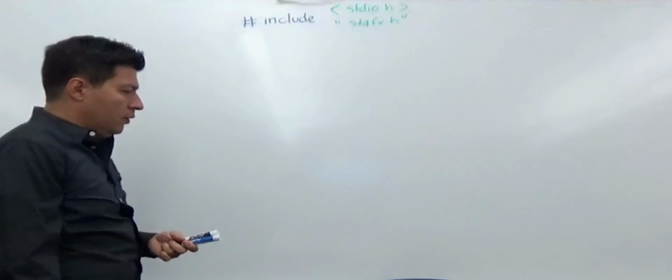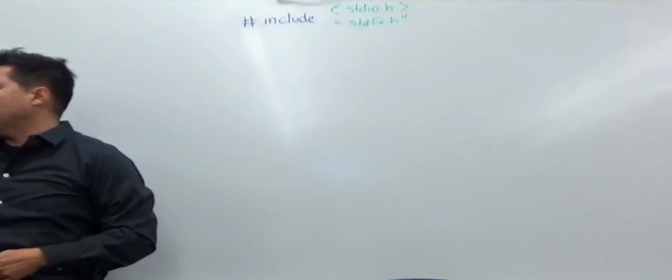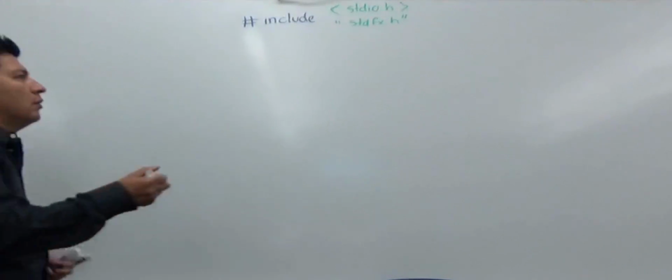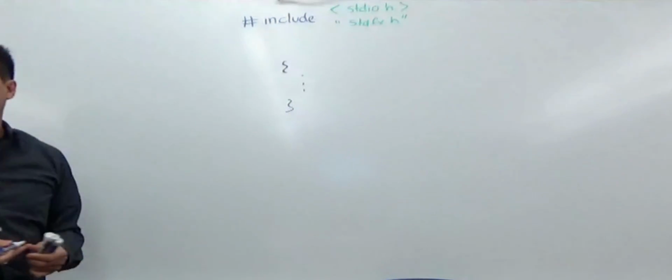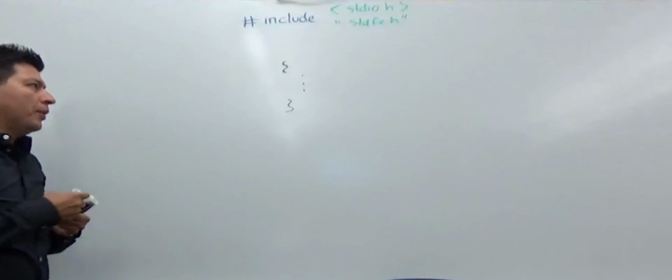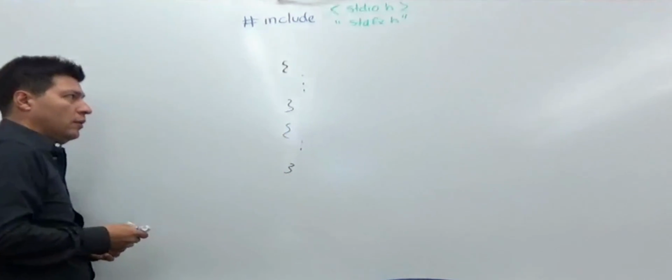Then Java and C and C++ use delimiters to indicate where a block begins and where it ends. And the delimiters are just curly brackets. So I can have a curly bracket, I can have some code, and I have to close it somewhere. I can open another one below, and then more code, and close it.